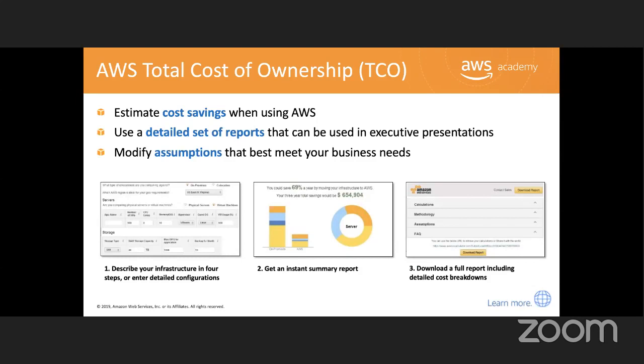So we can use the TCO by reducing the need to invest in large capital expenditures. We provide a pay-as-you-go model that empowers you to invest in the capacity you need and use it only when the business requires it. So the TCO allows you to estimate the cost savings when using AWS and provide a detailed set of reports that can be used in executive presentation, like you say here, summary report, all that, right?